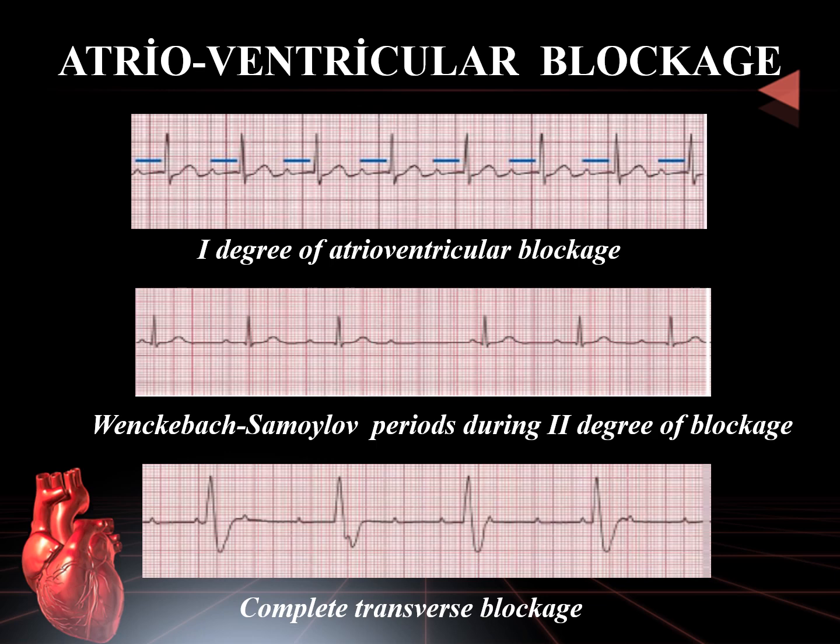The atria contract at their sinus rhythm, 70 contractions per minute, and the ventricles at an idioventricular rhythm, the AV nodal rhythm, 25-35 contractions per minute. In complete blockade on the ECG, the number of P waves exceeds the number of QRS complexes.